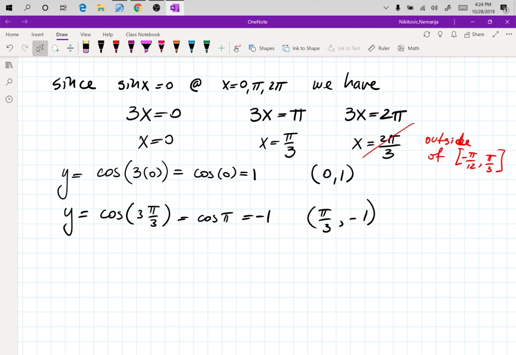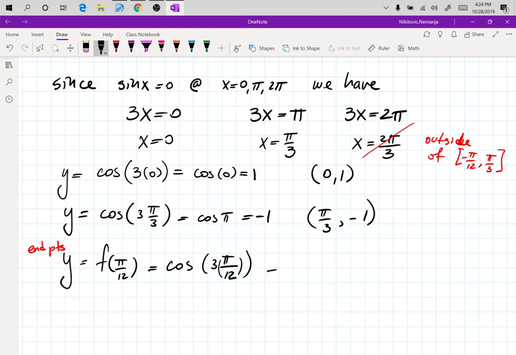And I know that I also have to test the endpoints. So y of the endpoint is f of negative pi over 12, which is cosine of 3 times pi over 12, which is cosine of pi over 4, which is root 2 over 2. That gives me the point negative pi over 12, root 2 over 2.